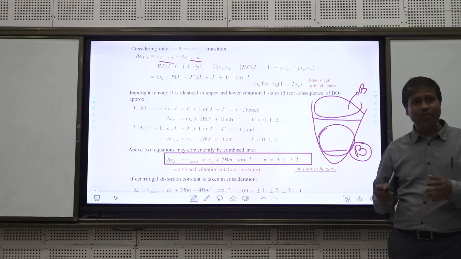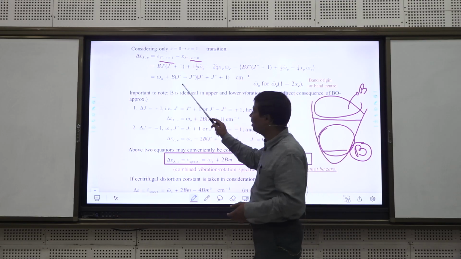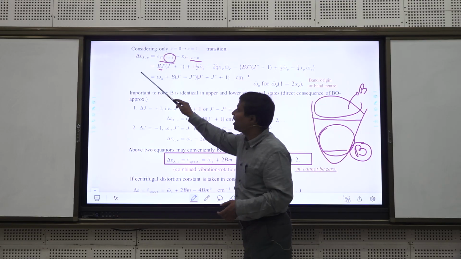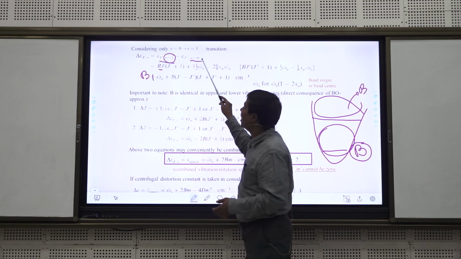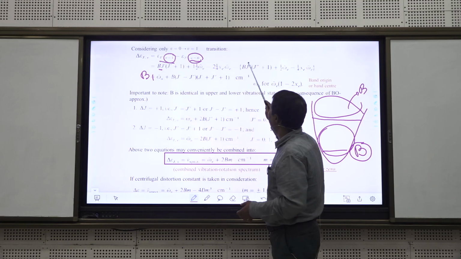If you consider the Born-Oppenheimer approximation invalid, then you have to consider B for V equal to 1 as B1 and B for V equal to 0 as B0.